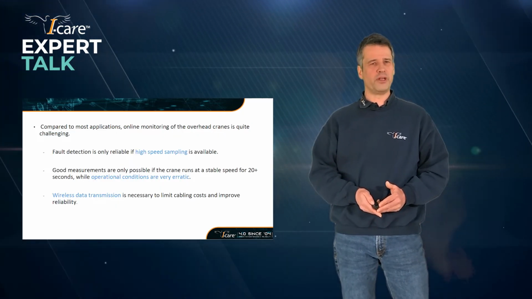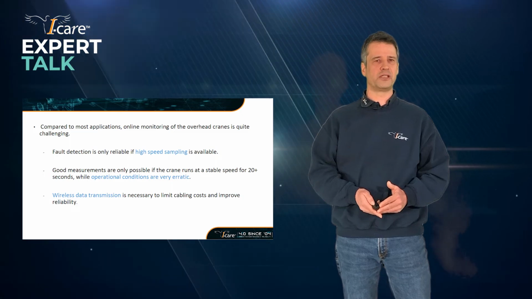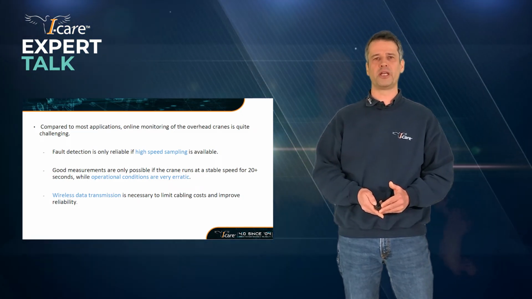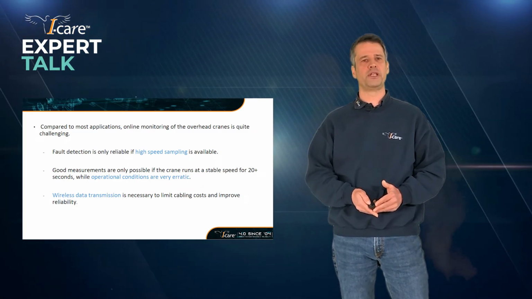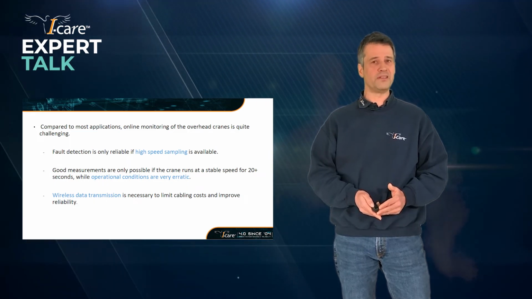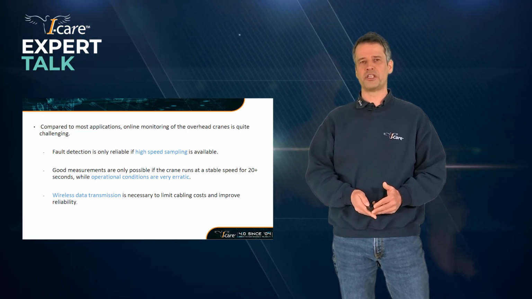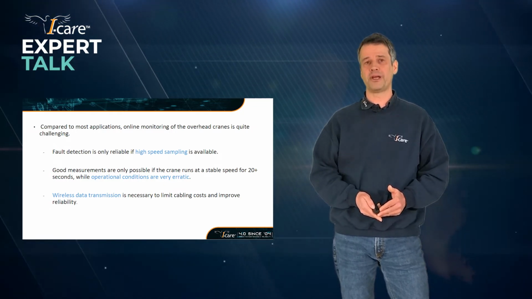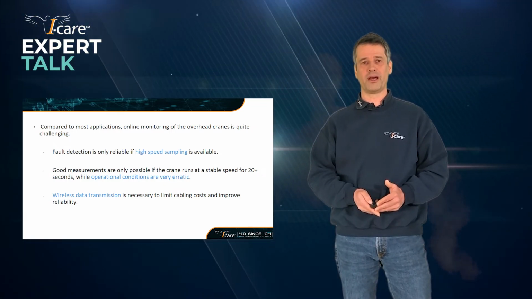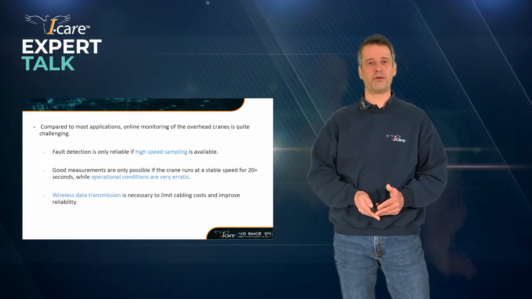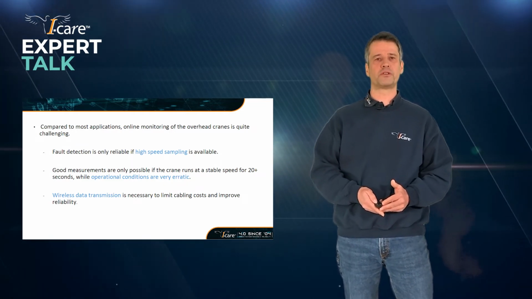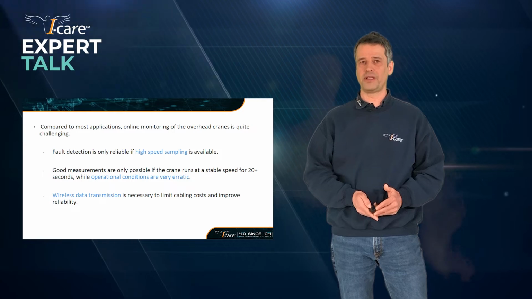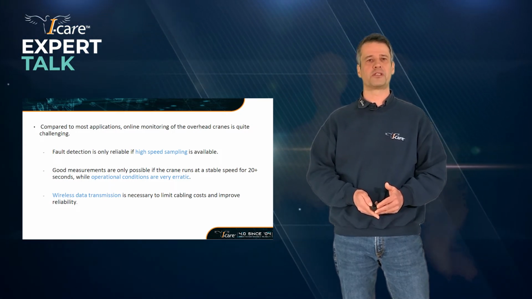Compared to many other applications, having online monitoring in this application is rather difficult for several reasons. First of all, we need a high frequency sampling technique, which is not readily available on many online systems. Apart from that, if you want a reliable measurement that is useful for bearing condition, we need a measurement while the crane is running at a stable speed for at least approximately 20 seconds.